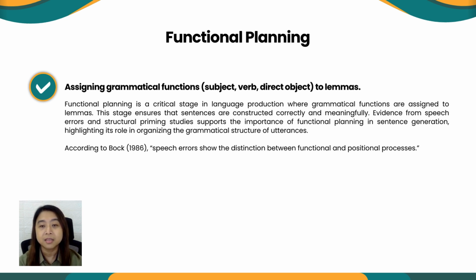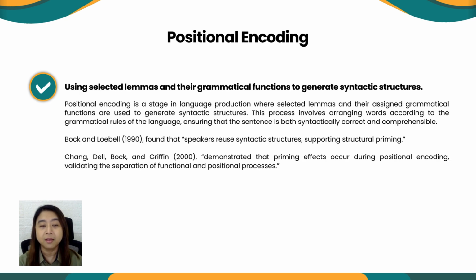Bock, 1986, notes that speech errors show the distinction between functional and positional processes. The final stage is positional encoding, where selected lemmas and their assigned grammatical functions are used to generate syntactic structures.